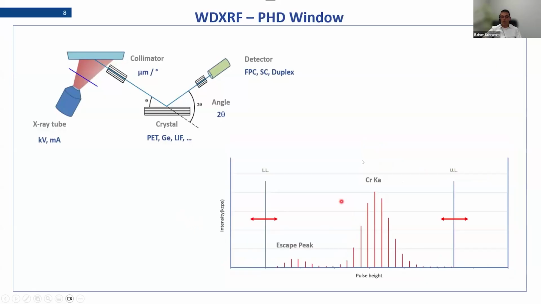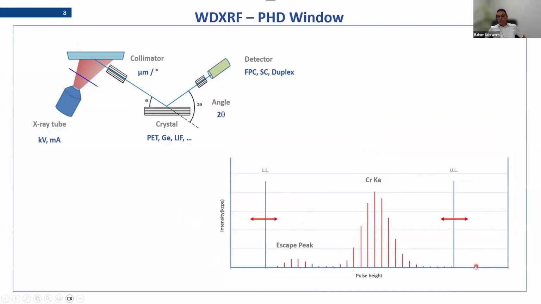The other thing you also have to take into account is the PHD setting of the detector. This is also only for wavelength dispersive. And perhaps a small explanation of what this means. Normally, with the setting you have selected, you are measuring just one single line, so one wavelength. What the detector is measuring is still an energy range.